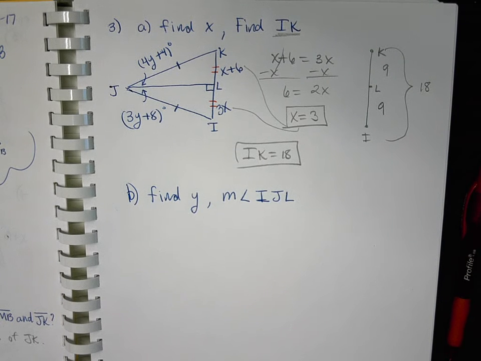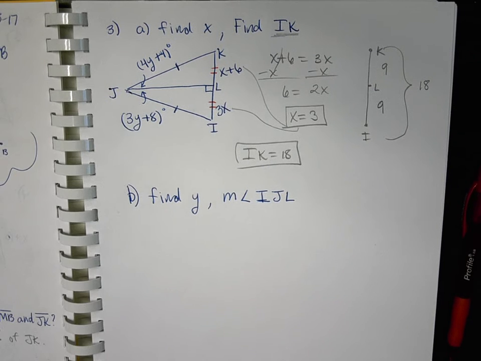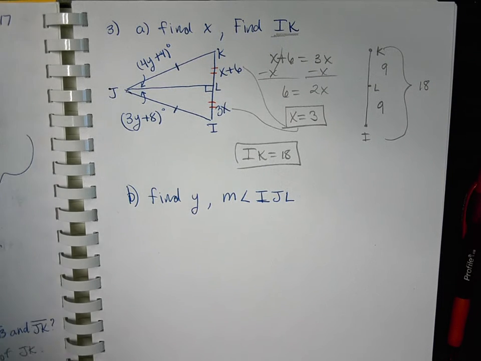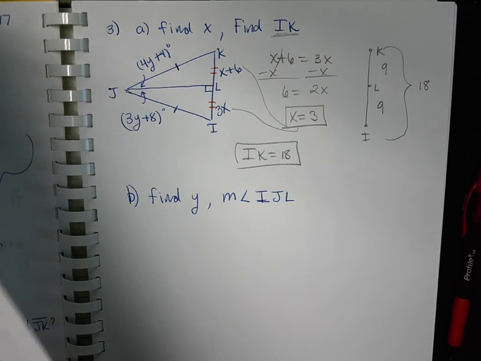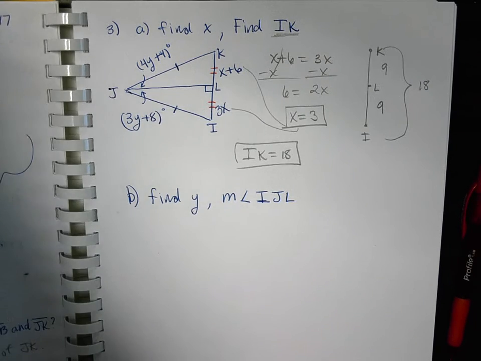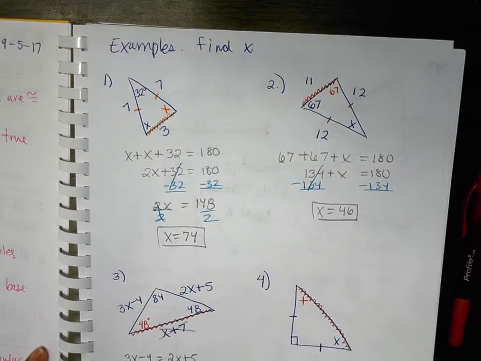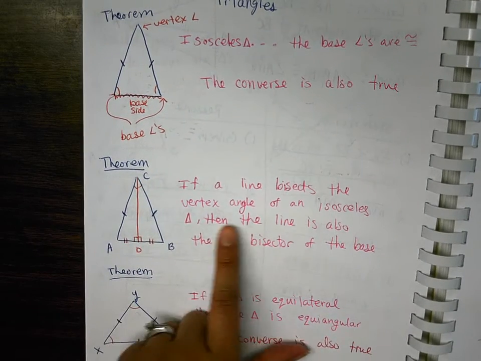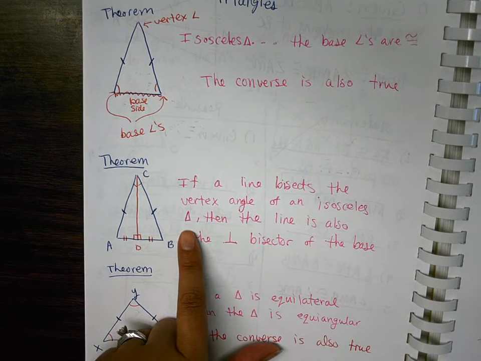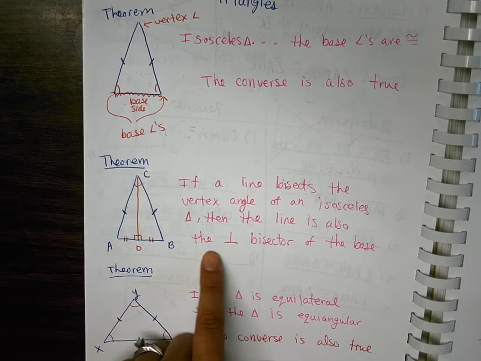Guys, from a previous lesson on isosceles triangles, we learned that if a line bisects the vertex angle of an isosceles triangle, then the line is also the bisector of the base.